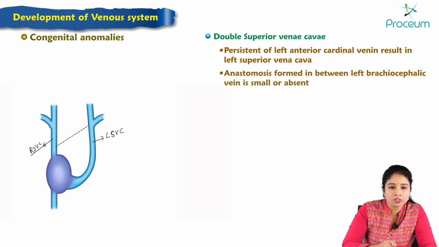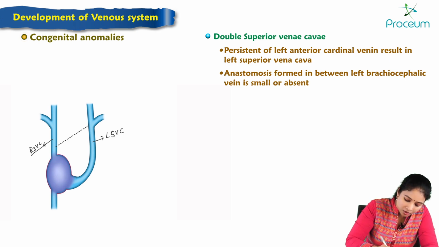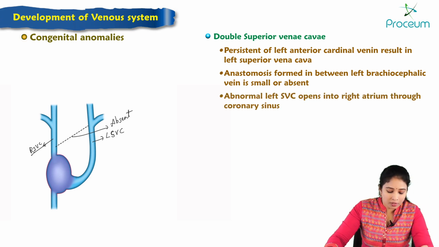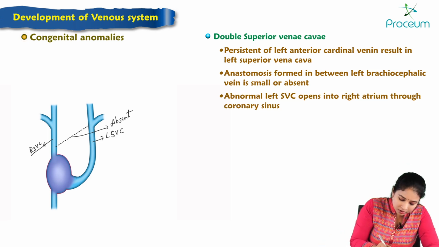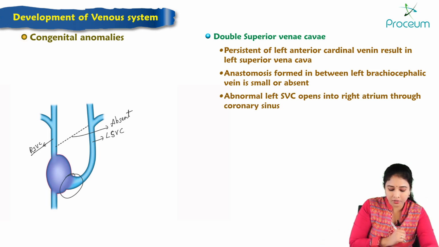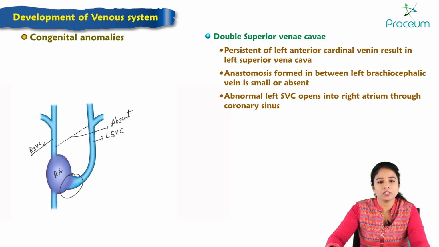And the anastomosis between these two anterior cardinal veins to form the left brachiocephalic vein is usually small or it may be absent. So here it is shown in dotted lines which is absent. So the abnormal left superior vena cava opens into the right atrium through the coronary sinus. So you can see it is opening into the right atrium through coronary sinus.